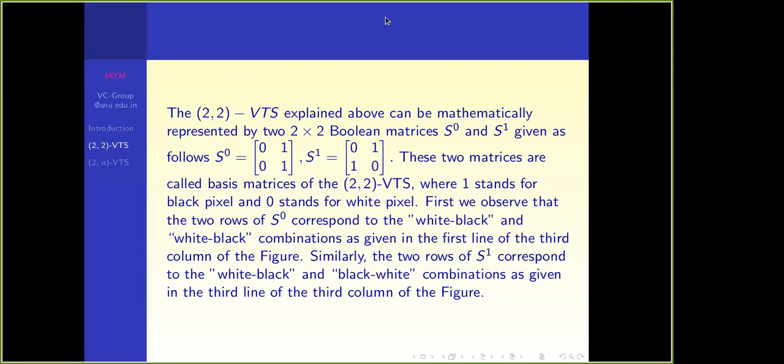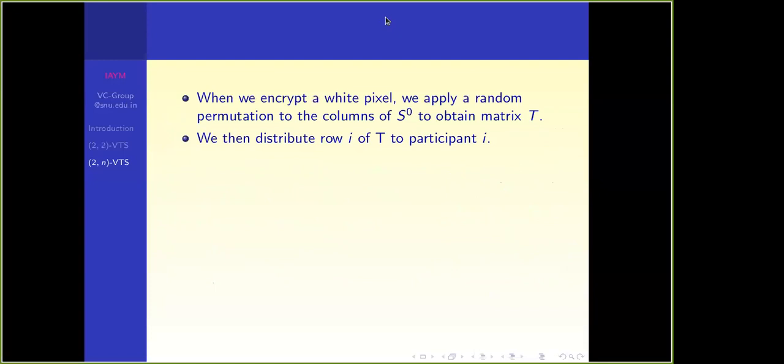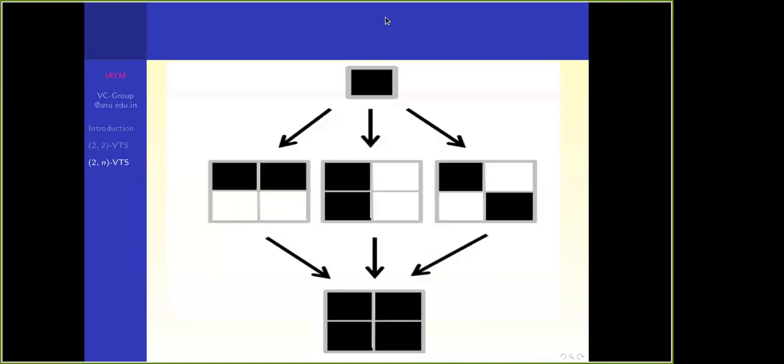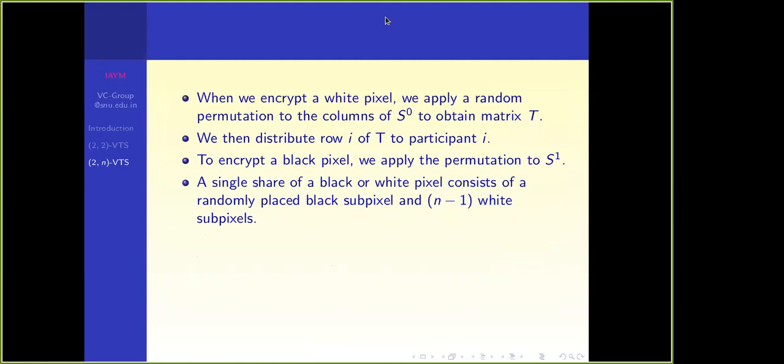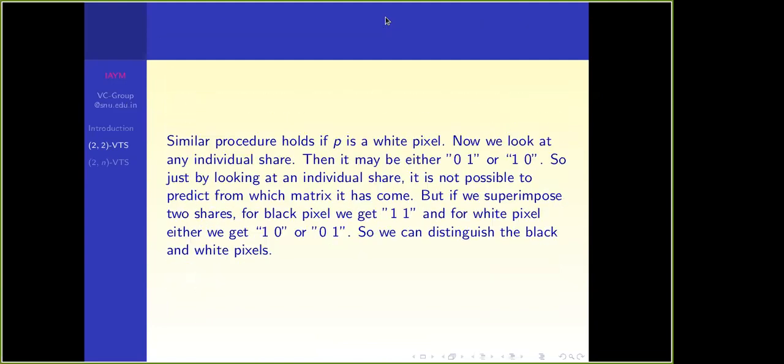So you can toss a coin and permute them, then give that share to each pixel. Otherwise you can give directly also, but generally it is better to do that part also. We can write programs easily. This one was constructed from MATLAB code only, by one of my students. Even Python codes are possible to do these things.